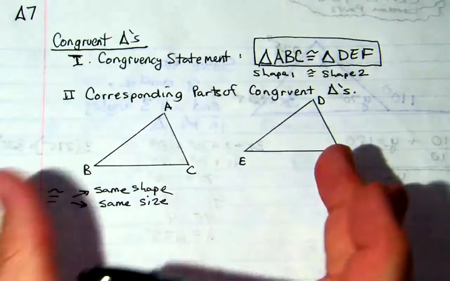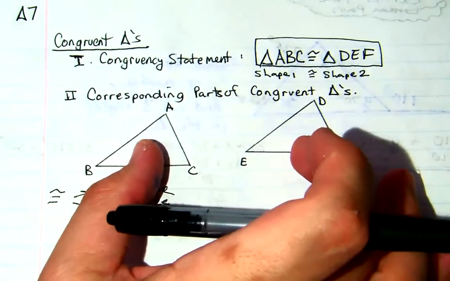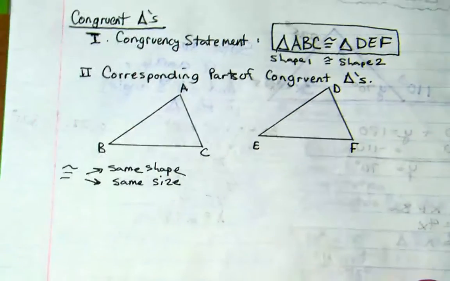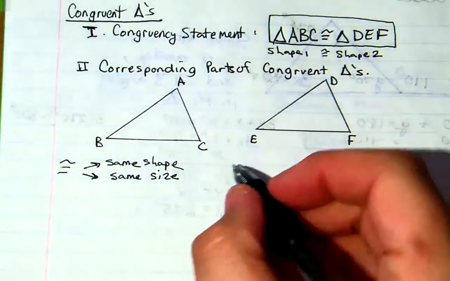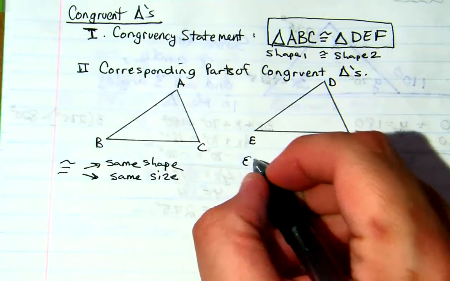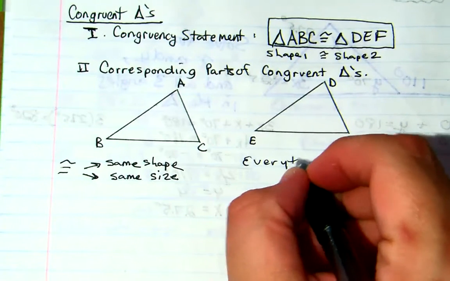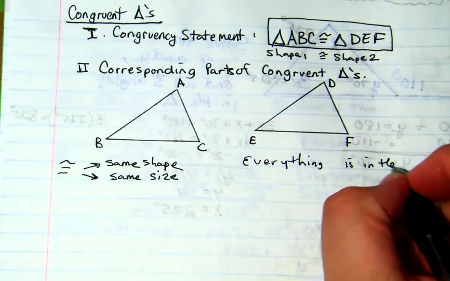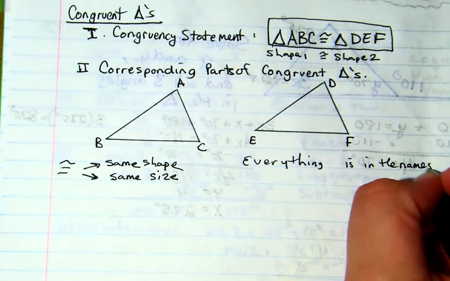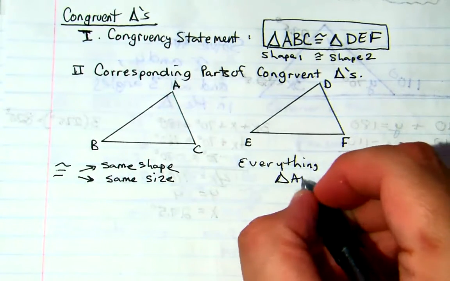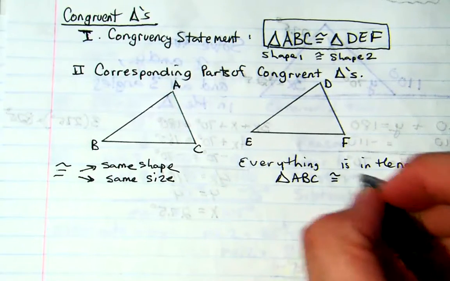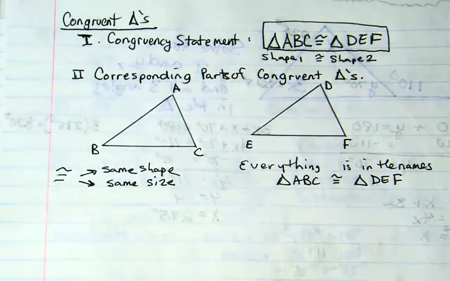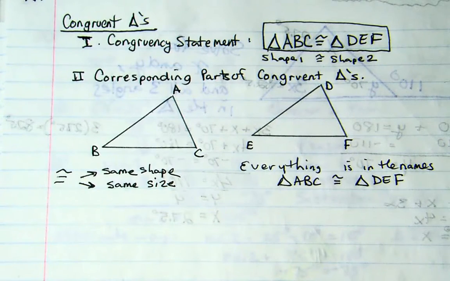But for right now, we're dealing with like a 1-to-1 idea here. However big this guy is, the same thing. Now, everything is in the names. And we said that triangle ABC is congruent to triangle DEF.